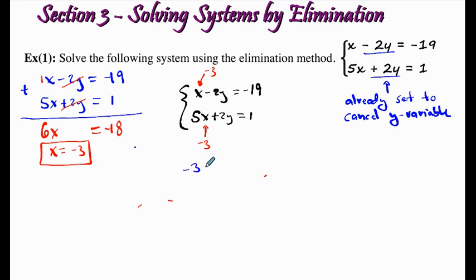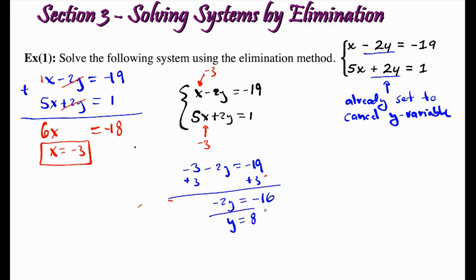So -3 minus 2y equals -19. We're going to add 3 to both sides. -2y equals -16. y is equal to 8. So that is the solution we got from the first equation.